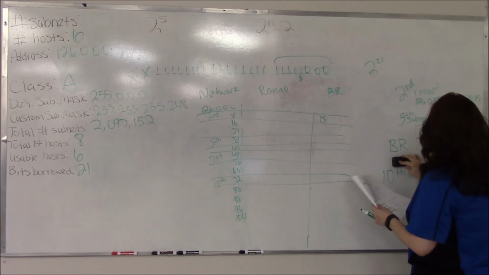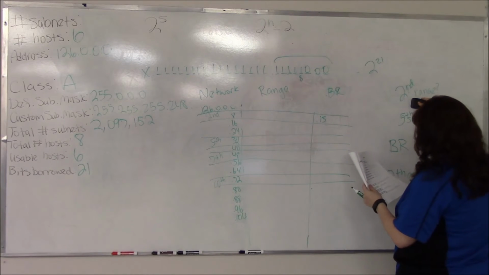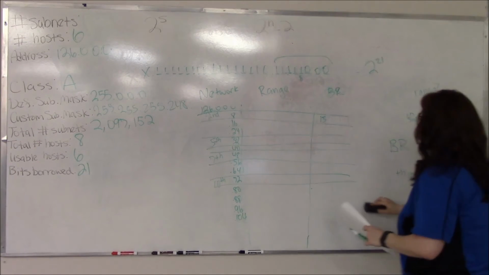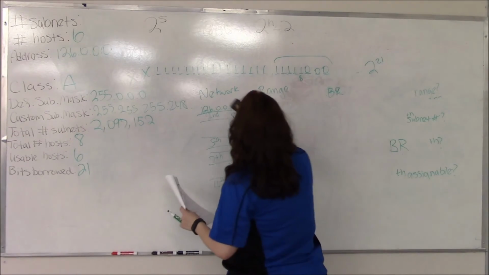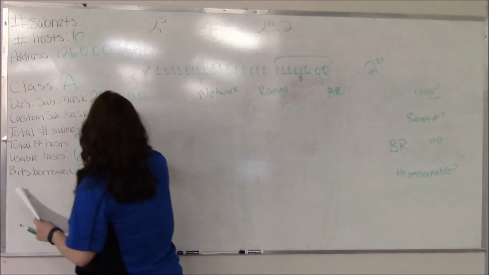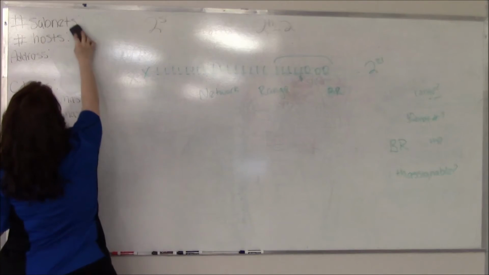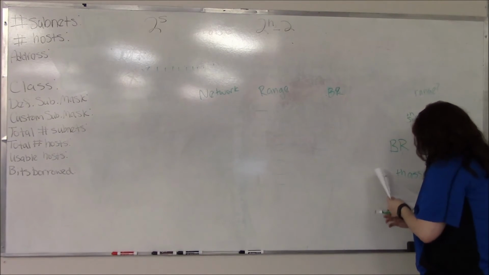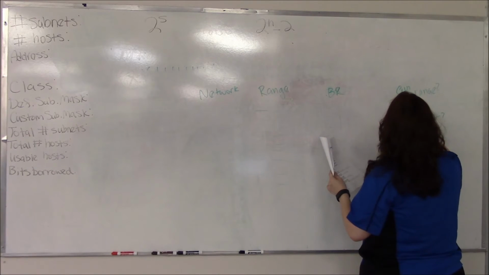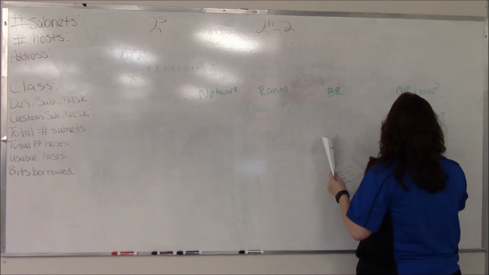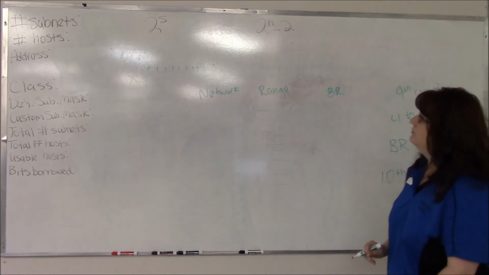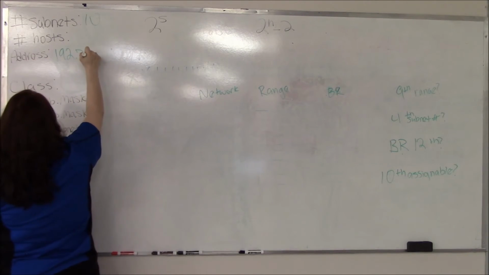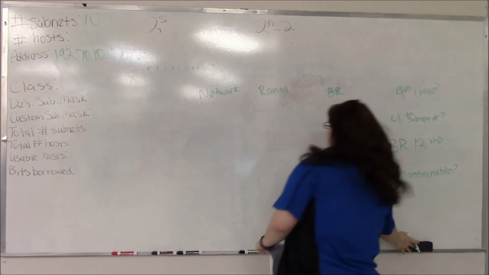All right. Problem 6. Looks tame in comparison. Ten little subnets. 192.70.10.0.